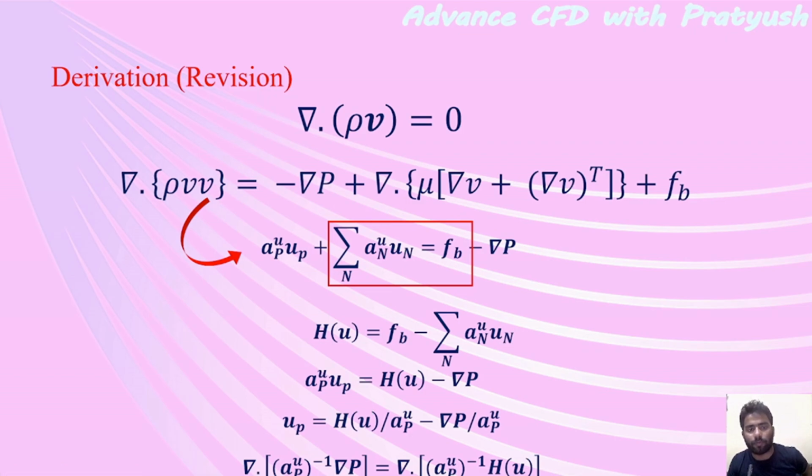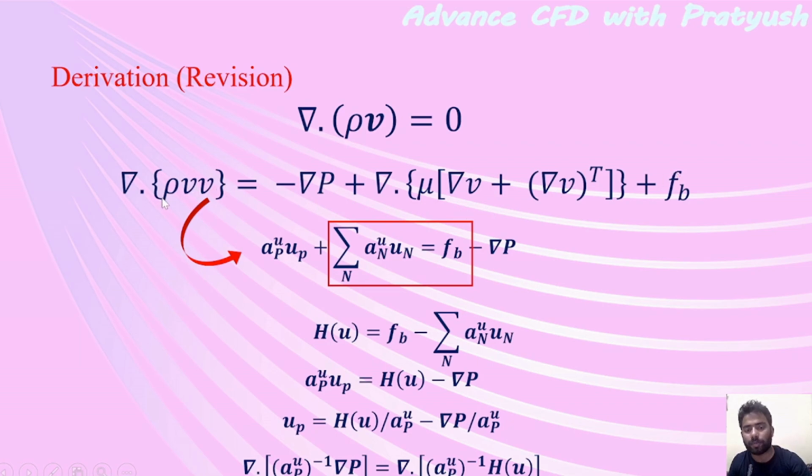If I revise from the last class, this is the derivation we did for the SIMPLE scheme. This is the continuity equation, this is the momentum equation. Remember I told you that while we are deriving this, rho will be divided into the pressure, and similarly here it will be mu by rho, and rho will also be divided into the source term if any source term is present.